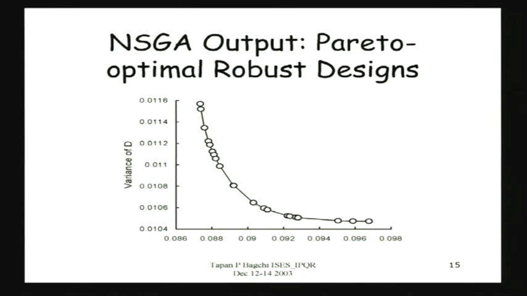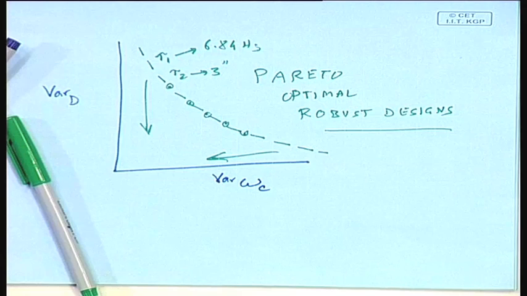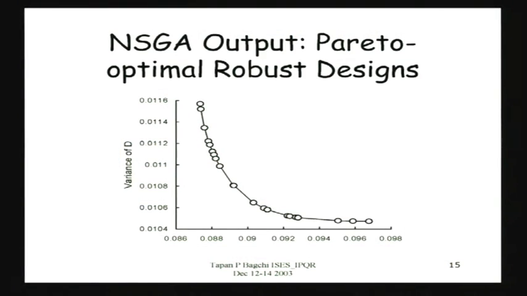I'm able to meet the first target tau 1, and the second target is tau 2. Both I'm able to meet. One is with regard to cutoff frequency, the other is with regard to deflection. And the third thing that it has done, it has minimized to the extent possible the variances.